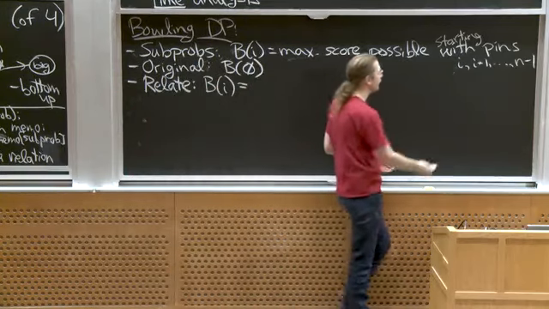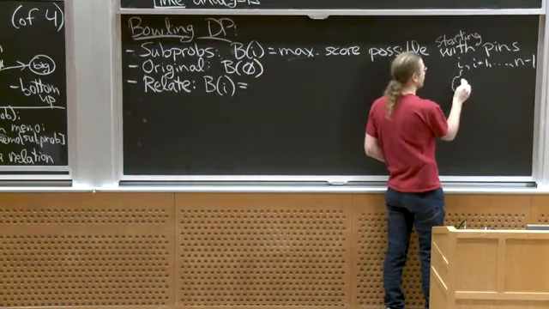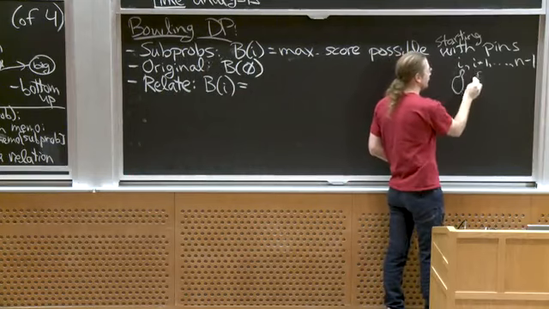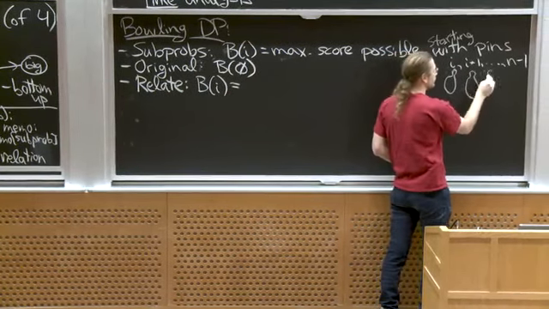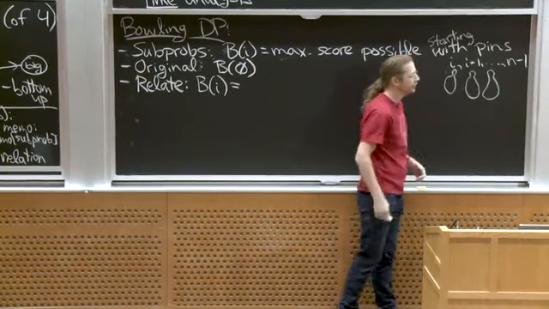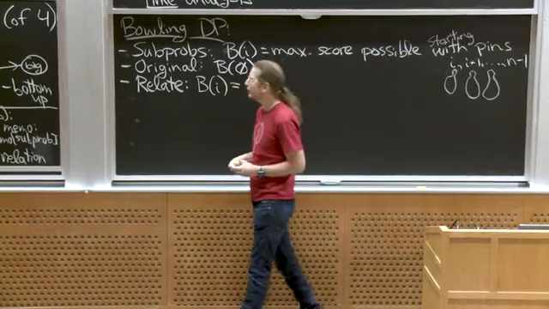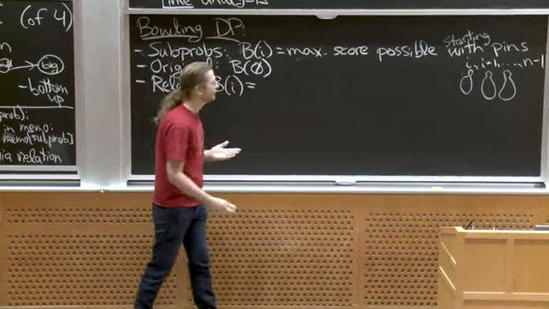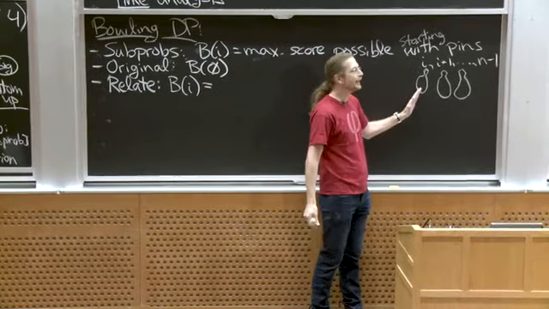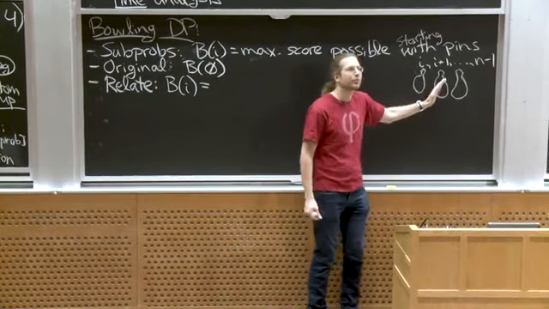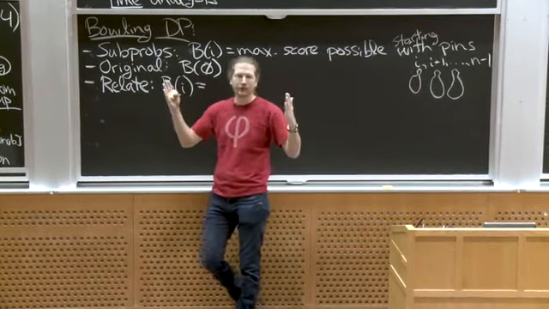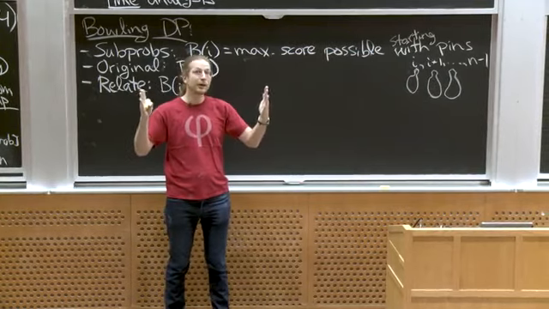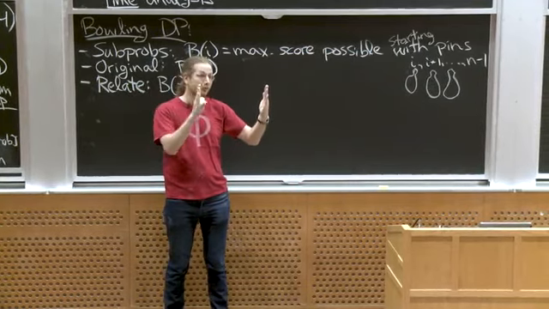So we have pin I here, and then the remaining pins. And the big idea here is that the nice thing about suffixes is if I take off something from the beginning, I still have a suffix. Remember, my goal is to take this subproblem, which is the suffix starting at I, and reduce it to a smaller subproblem, which means a smaller suffix.